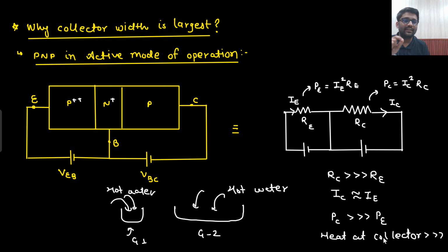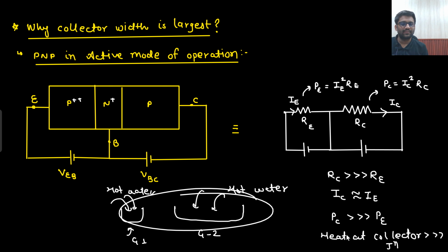And if the heat at the collector junction is much higher, then to compensate for that heat, what do you need to do? You need to keep the surface area larger, or I should say, you should keep the width larger. By this scenario you will be able to understand, right?